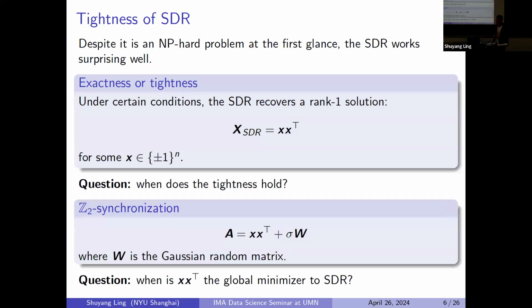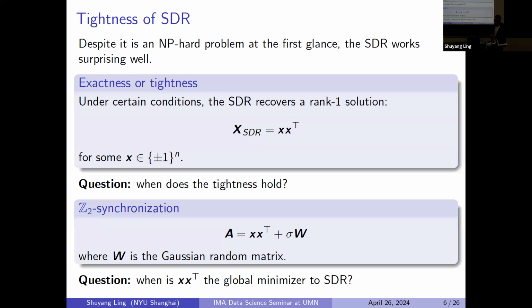So usually I refer to this as tightness or exactness. The question here is when this tightness holds. Let's think about this special case. A is given by this rank 1 matrix plus W, which is symmetric Gaussian noise. So when is x x transpose the global minimizer of this SDP relaxation?